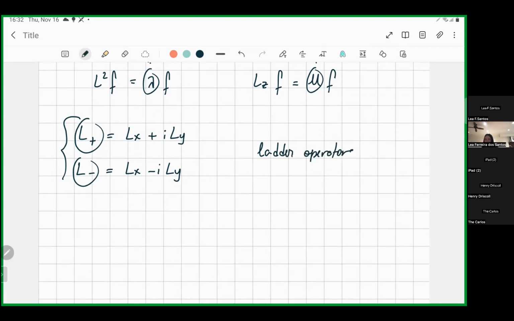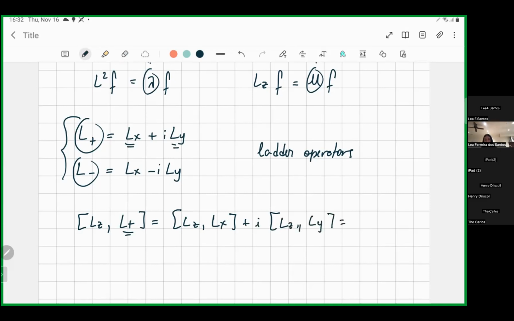Okay, but how are we going to find that? The first thing that we are going to do is play again with the commutator. So let's look at the commutator between Lz and L plus first. It's Lz with Lx plus i Lz with Ly.